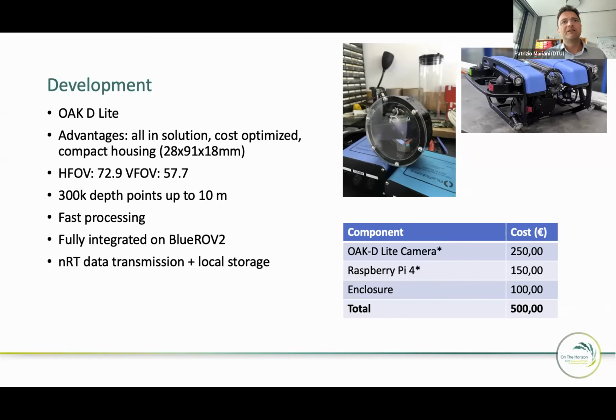I mentioned a few times that this is cost-effective, and that was very key for us in order to increase the number of users that can use these camera systems. The rough calculation we have here is about 500 euro.